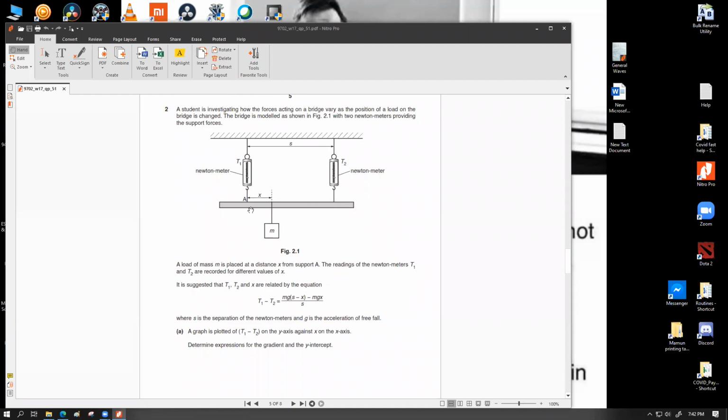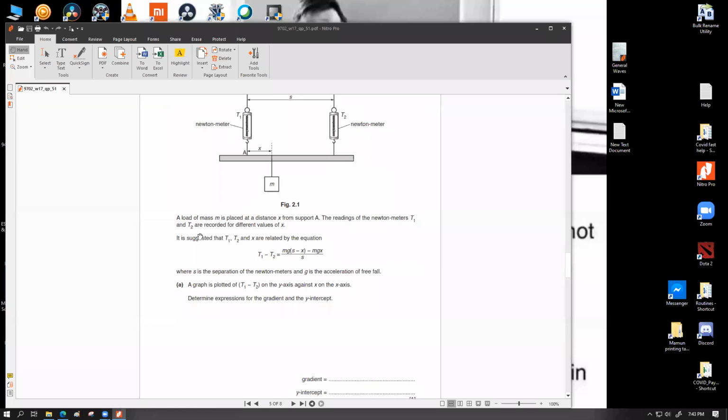So this bar is representing a bridge, and the M is the load, whose position we are going to vary with respect to this first Newton meter. And these 2 Newton meters measure the tensions at these exact positions, T1 and T2.